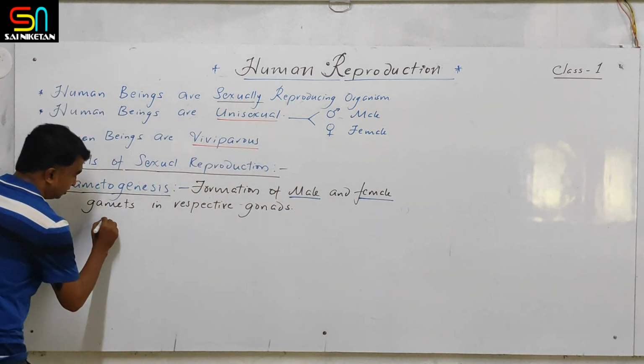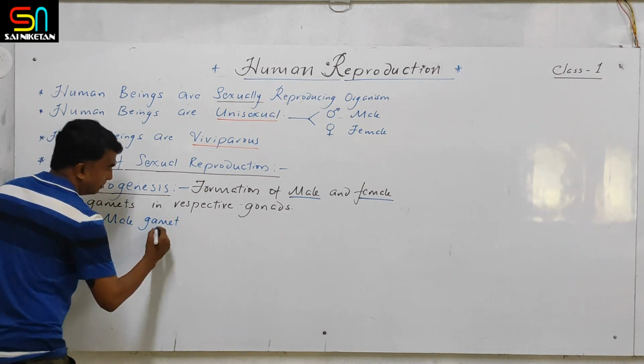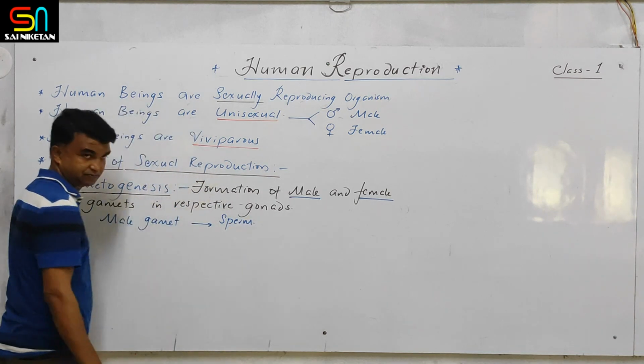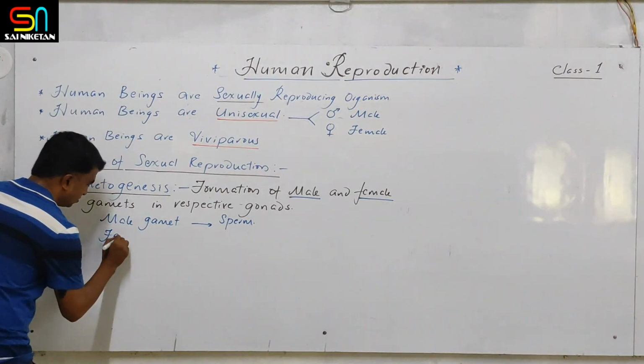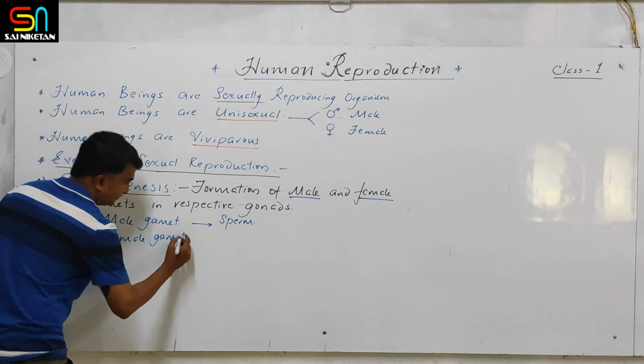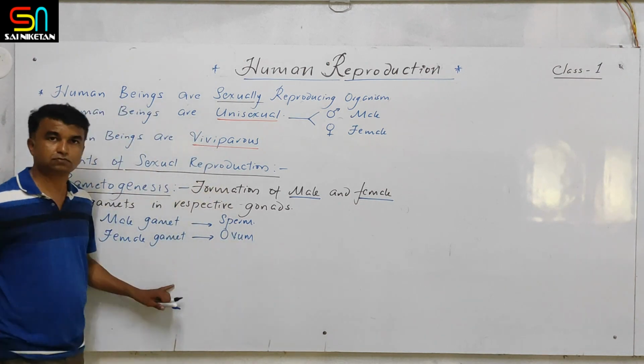When you take the male gamete in human beings, the male gamete is nothing but sperms. The female gamete is nothing but the ovum.